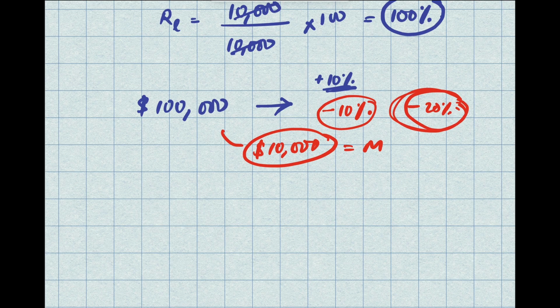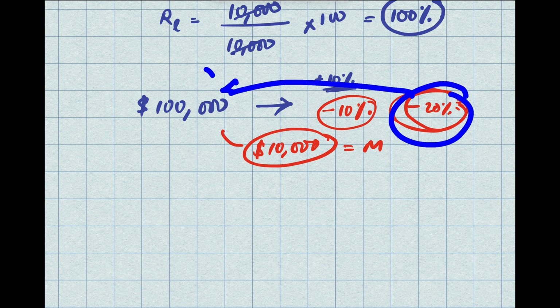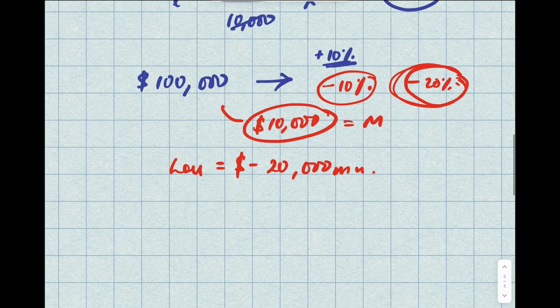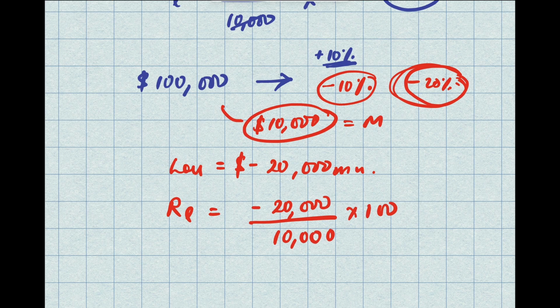So the loss would be how much? The loss would be 20% of this value. So the loss would be $20 million. And leverage return would be the loss, 20, by how much money you put in, 500.